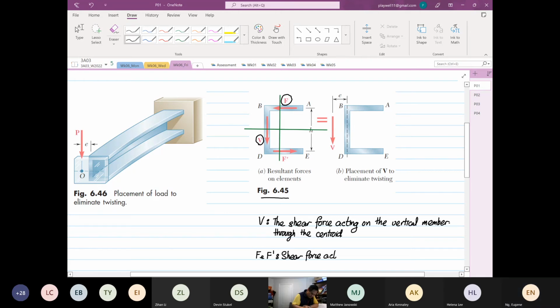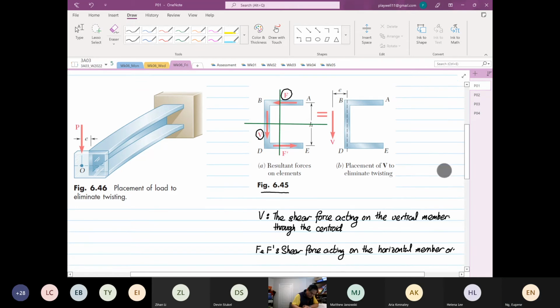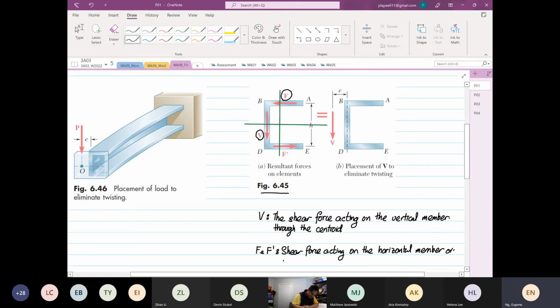acting on the horizontal member or vertical member away from the centroid.